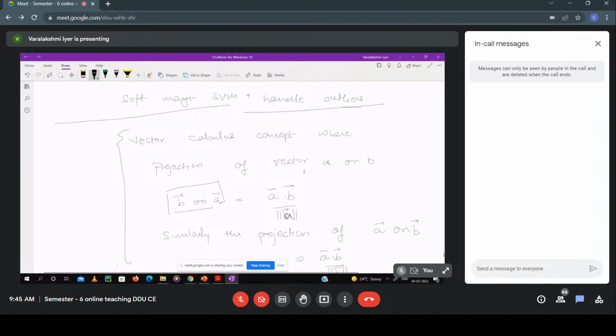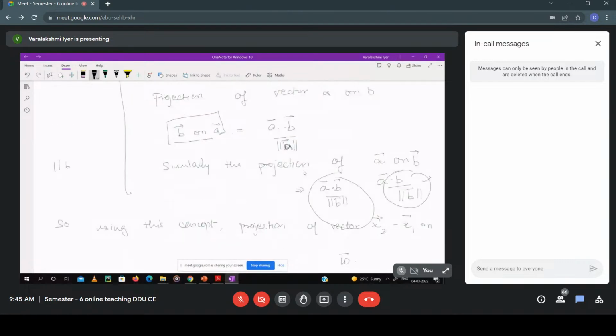And if B is a vector of the form B1, B2 up to Bn, then the magnitude of B is equal to the square root of B1 square plus B2 square up to Bn square.